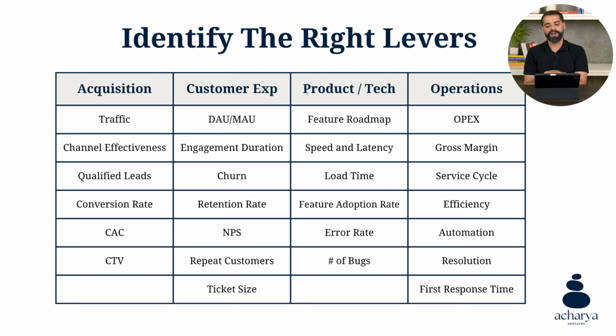When we talk about operations, you have your operational expenses, your gross margin, what is the servicing cycle, how efficiently are you solving the problem, if there are automations, if there are service resolutions happening on time. A lot of companies today take pride in how fast they are able to resolve customer queries.